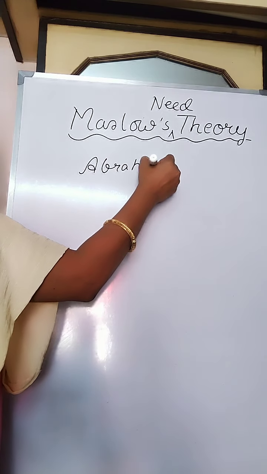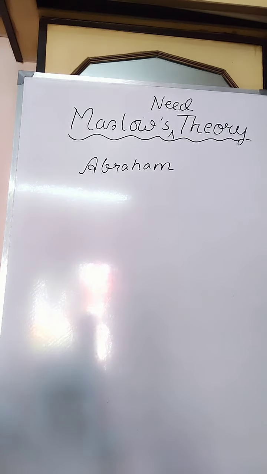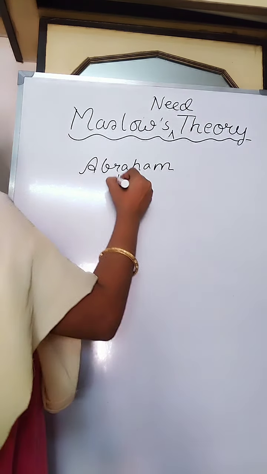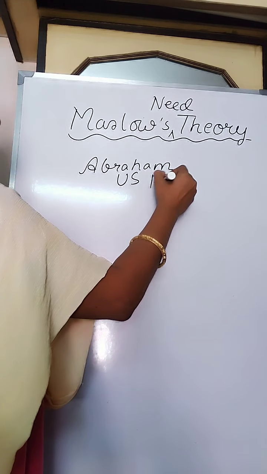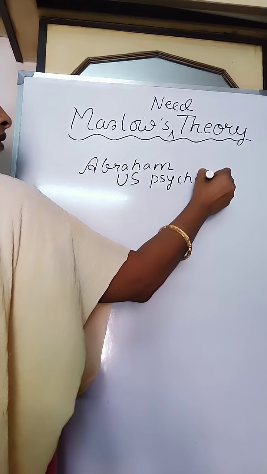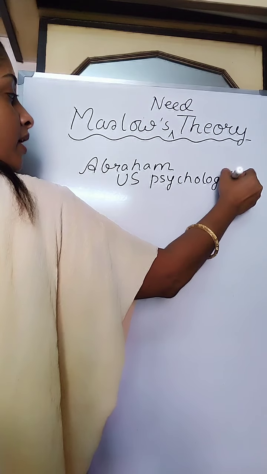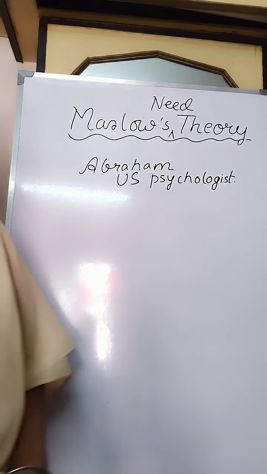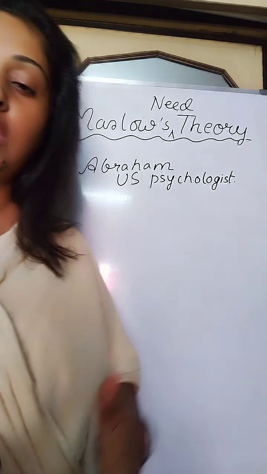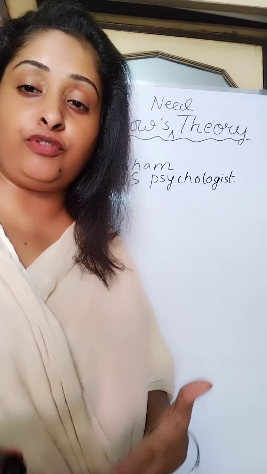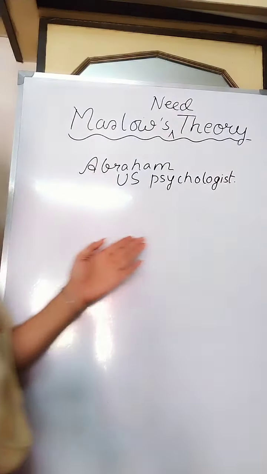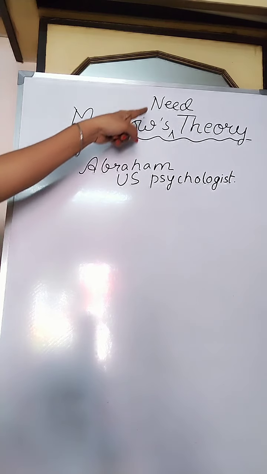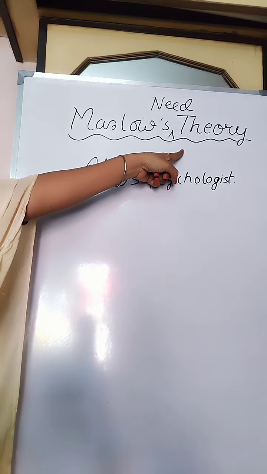He is an eminent US psychologist. He has developed a theory of motivation on the basis of human needs. There are different kinds of human needs on the basis of which Abraham Maslow has developed a theory which is called Maslow's need theory.